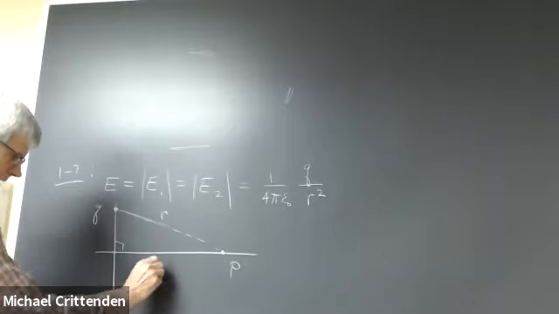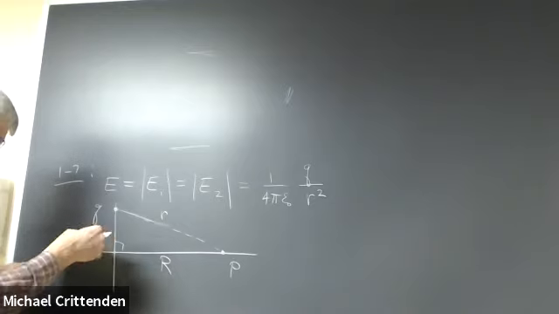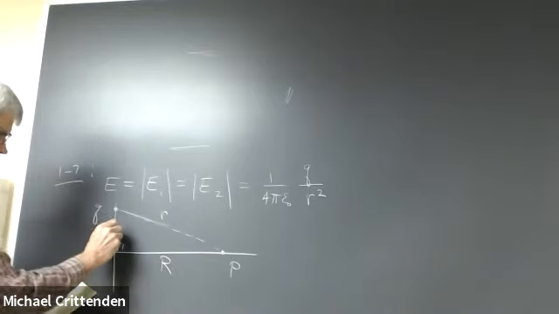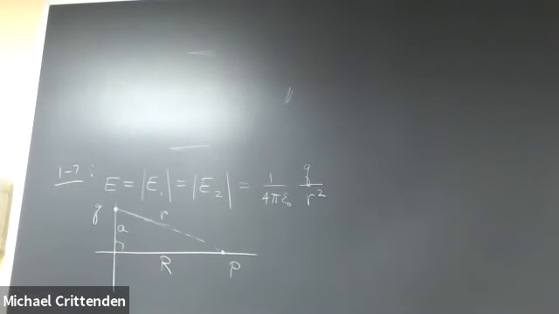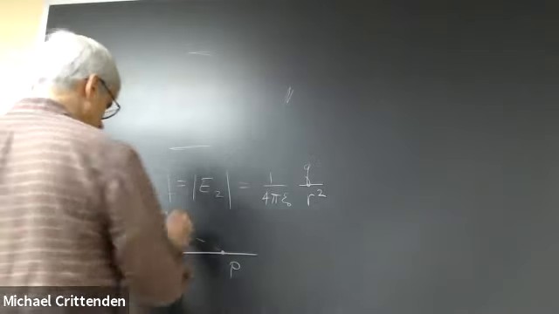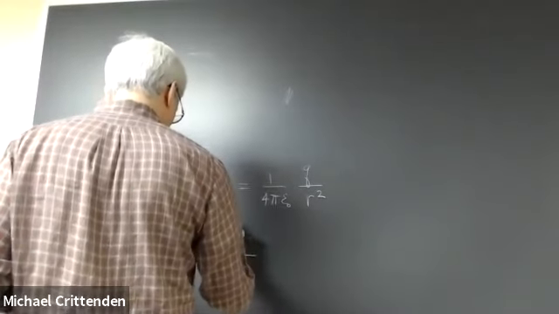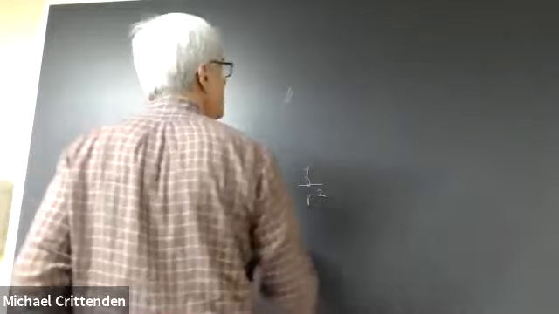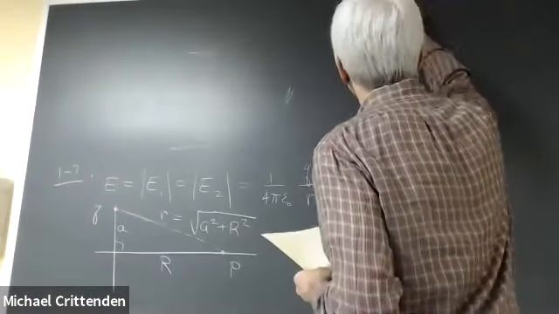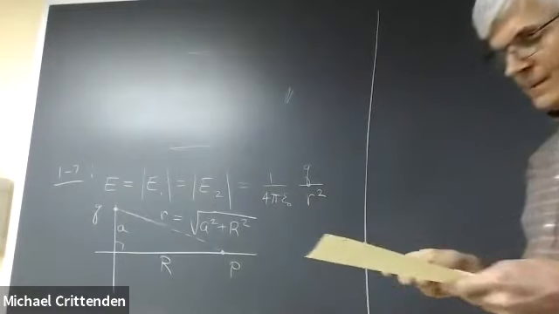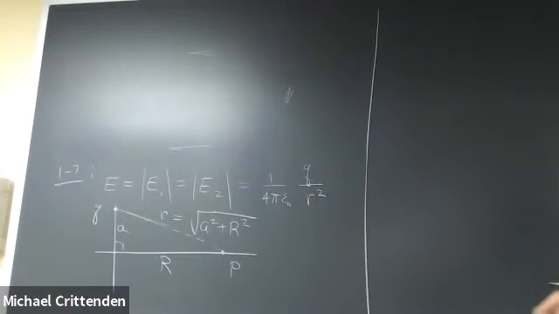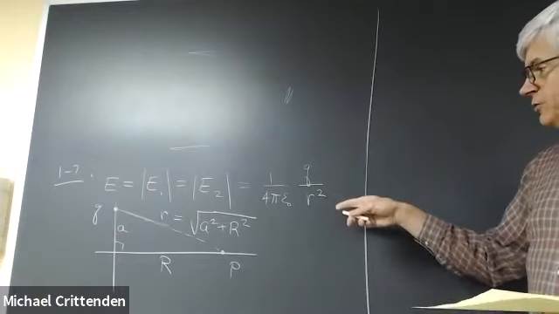Little r is the hypotenuse, capital R is this side, and half the distance between the two charges is A. Charges are separated by 2 times A. So little r comes from those other two things by the Pythagorean theorem. So this is the magnitude of each one.